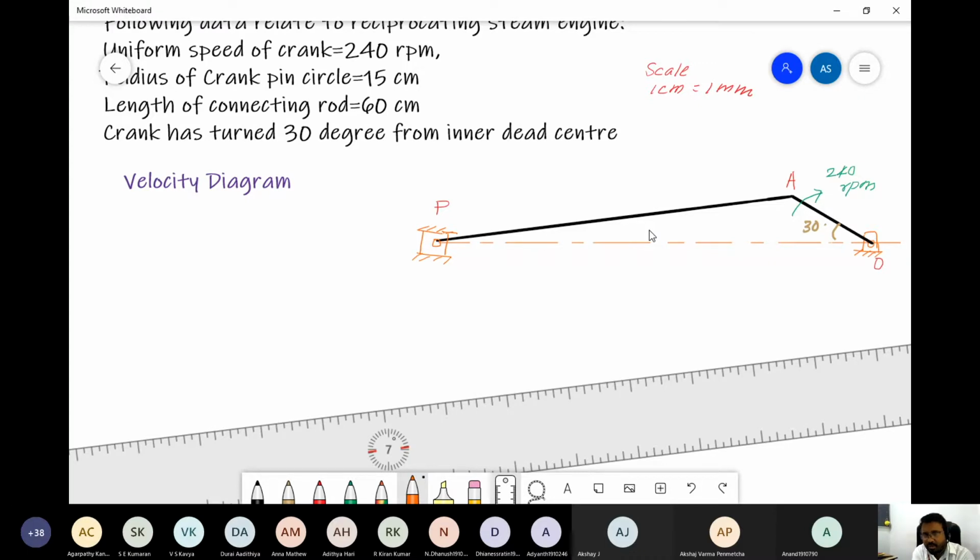The line and the angle are more important. So I have created the space diagram. Sometimes they call it a configuration diagram, sometimes a space diagram. You can call it as you like. I will say configuration diagram.